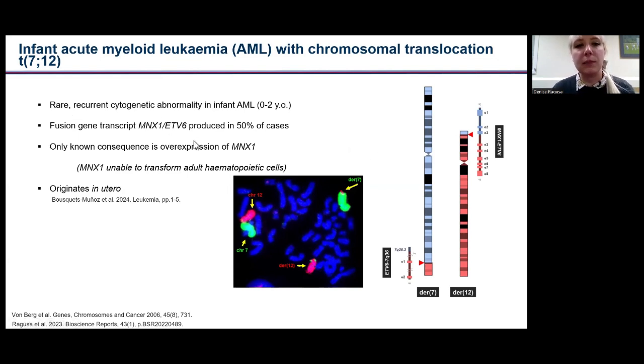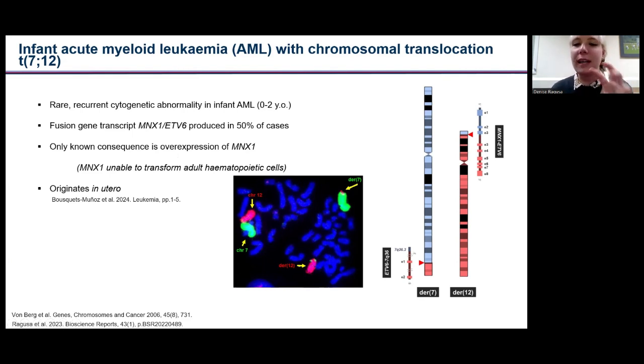What seems to be in common with all the patients is the overexpression of the MNX1 gene. So MNX1 is one of the genes involved in this genetic exchange. And what is even more interesting is if you overexpress MNX1 in adult cells, it won't be able to produce any leukemic transformation.